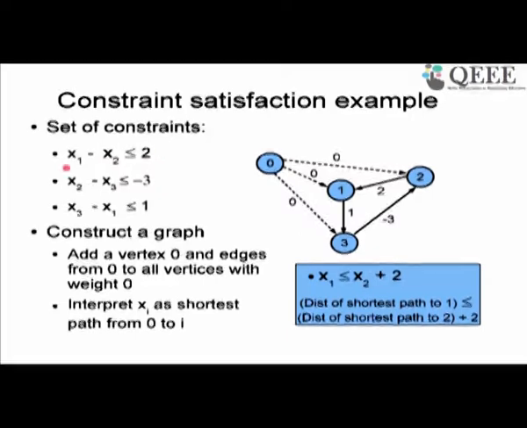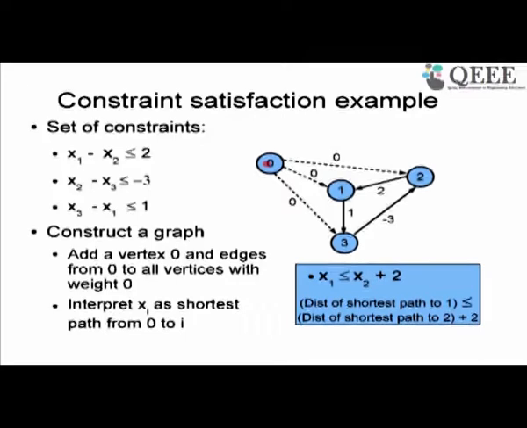It says that the shortest path to node 1 has a distance less than or equal to the shortest path to node 2 plus 2.